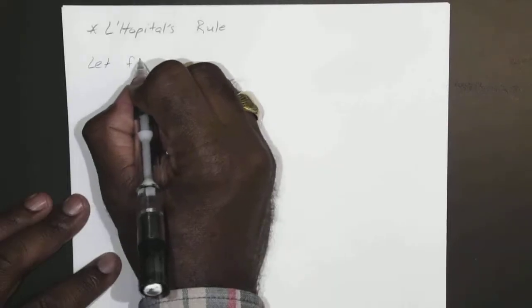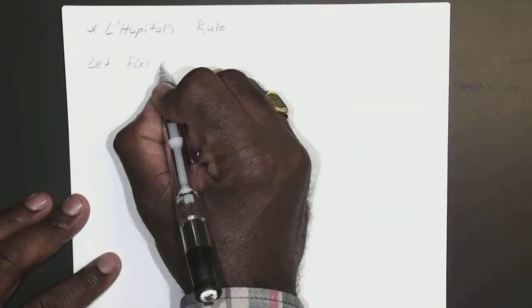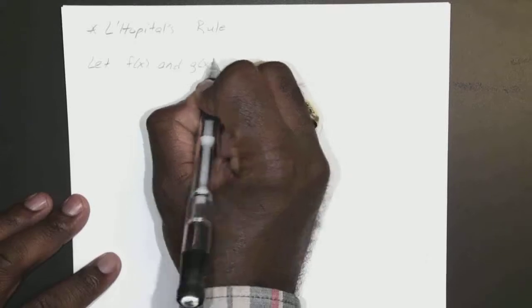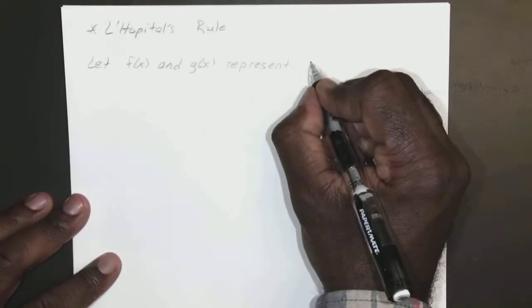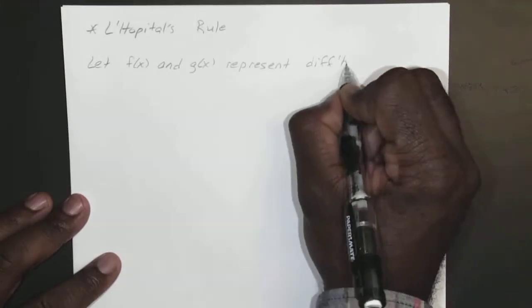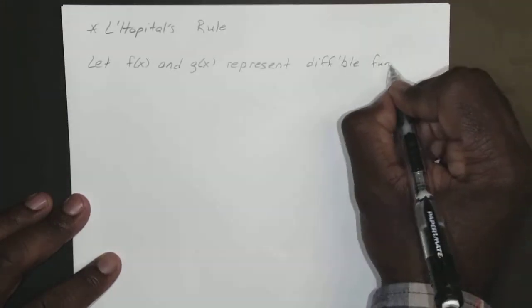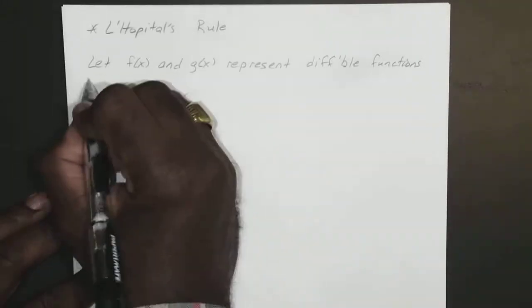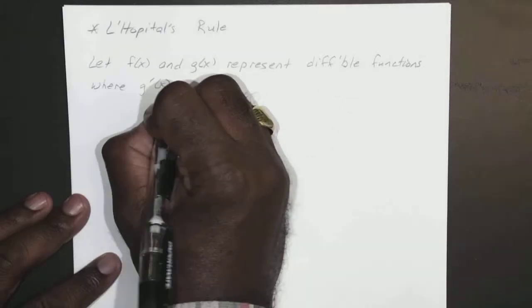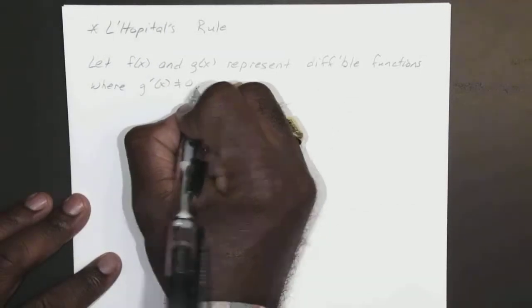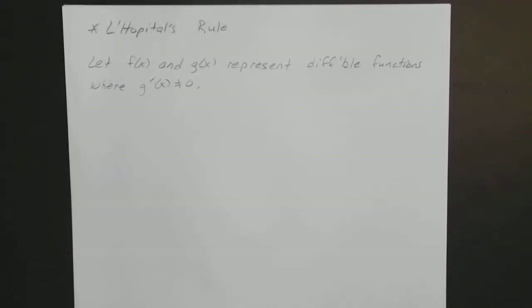So if we let some function f and some function g represent differentiable functions, where we know that the first derivative of g doesn't equal 0. So they both have a derivative. We just know that g prime of x won't equal 0.